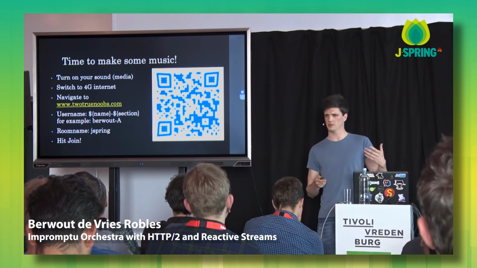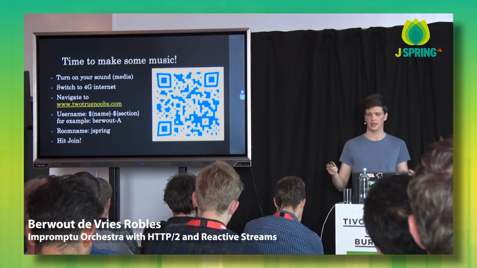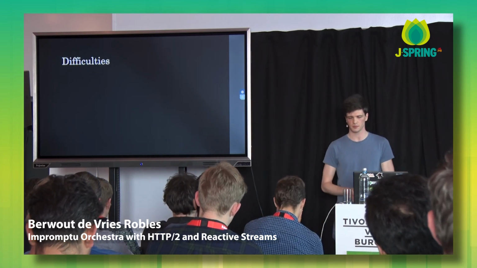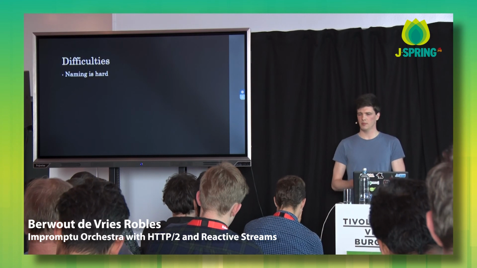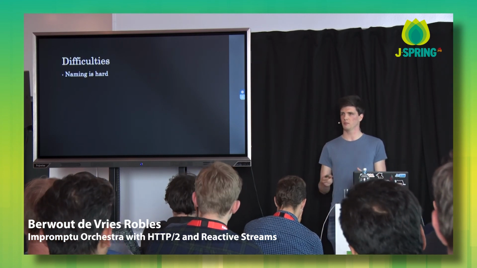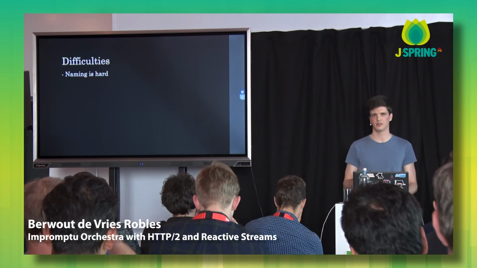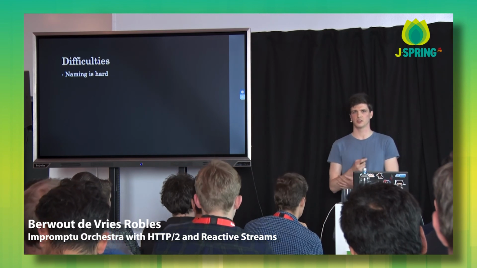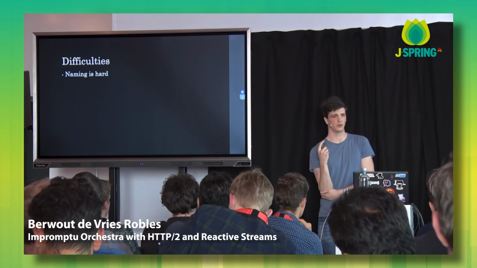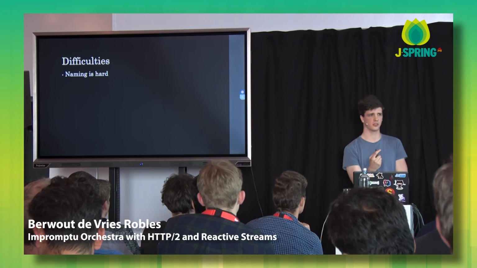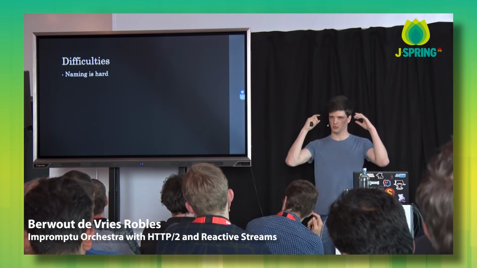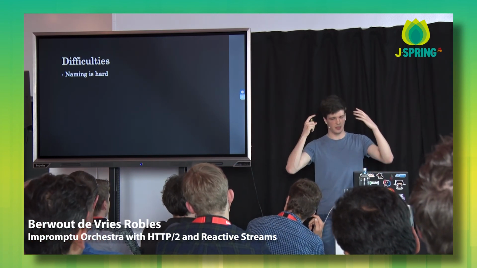There are a few difficulties with reactive streams, though, that I encountered, and I wanted to share them. Naming is relatively hard, and I found it more so in Spring WebFlux, because they're called fluxes and monos and unicast processors, and those are things that don't directly have like an image for me.